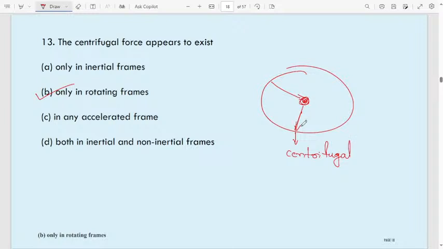Because of this, when you start rotating, you will always observe the centrifugal force only in rotating frames, like centrifuges. Those you did precipitation to separate solid from the liquid, like semi solid curd to separate water and also fat content, we will use a centrifugal machine. That machine will rotate fast, then it will separate the solid mixture from the liquid one. Okay.